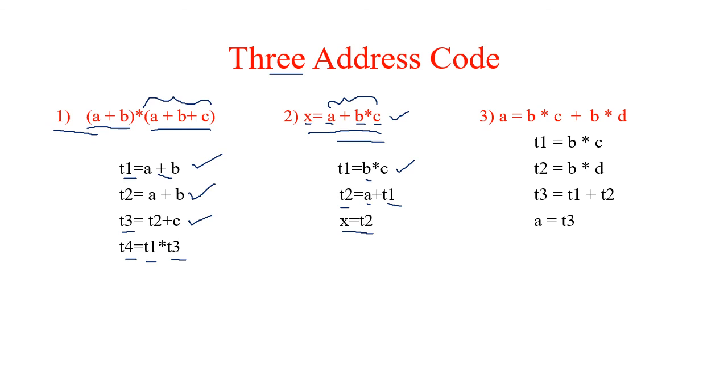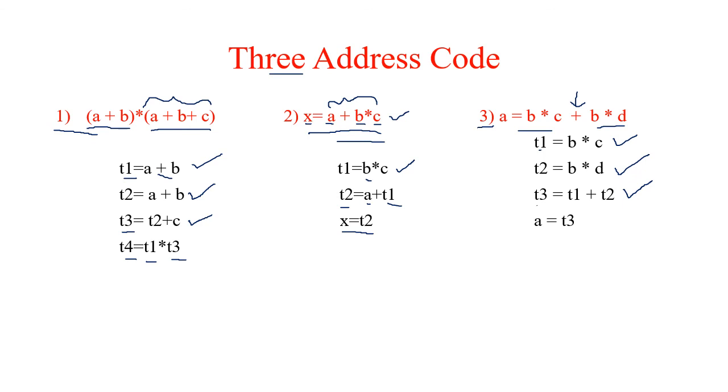Now consider this example: a equal to b star c plus b star d. To perform this plus operator, we require b star c and b star d. So let's initially compute t1 is equal to b star c, t2 is equal to b star d, then t3 is equal to t1 plus t2.